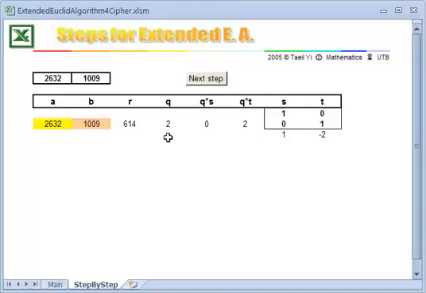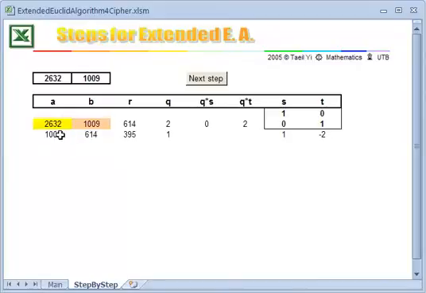Then after that it is exactly the same format. Just be careful: you have to move this divisor to the dividend position, and use the remainder as the divisor in the second level. Then you do exactly the same format.